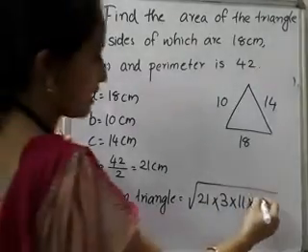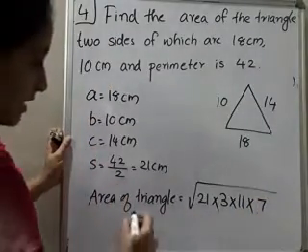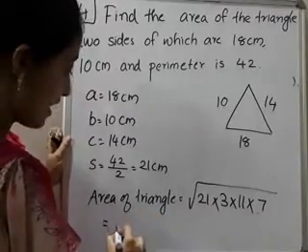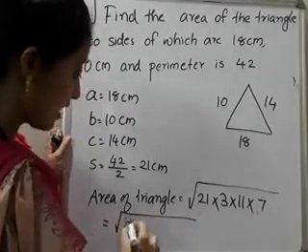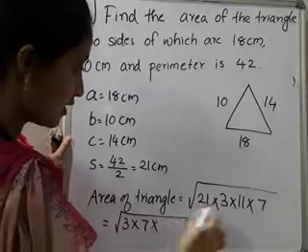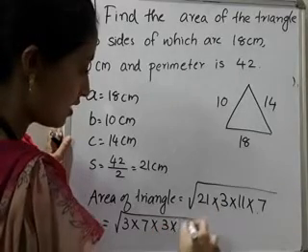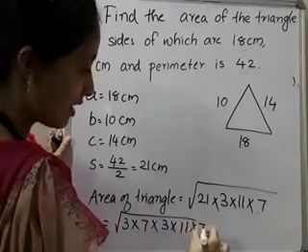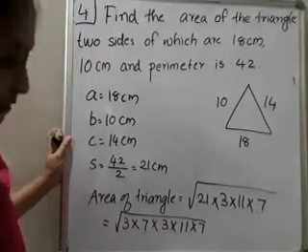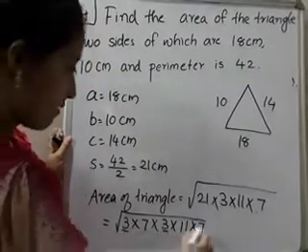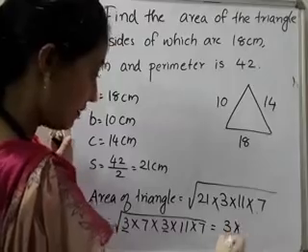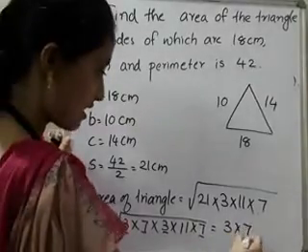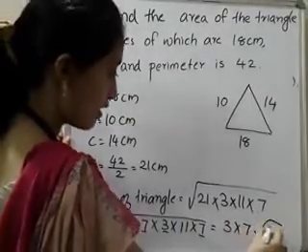What is that? 7. Okay, so that is equal to root of 21, which can be written as 3 into 7, then into 3 into 11. That is also a prime number, so no need to factorize. Okay, so 3 is common, 7 is common, then the balance is root 11.